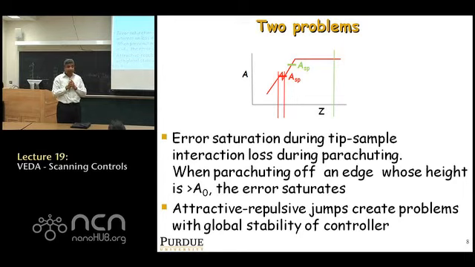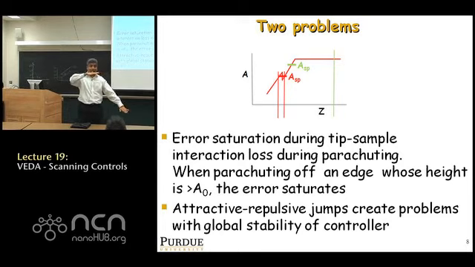But as you can see, we have a bit of a problem. So if you choose, this is the amplitude versus Z for a particular sample. What if you choose a set point in green? Let's say set point amplitude in green. And let's say you're parachuting off a surface. If you parachute off a surface, you're here tapping on the surface. Suddenly you have a chasm, right? So suddenly you're flying high above a surface.